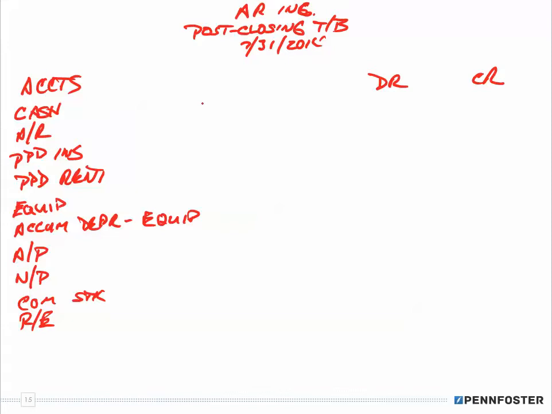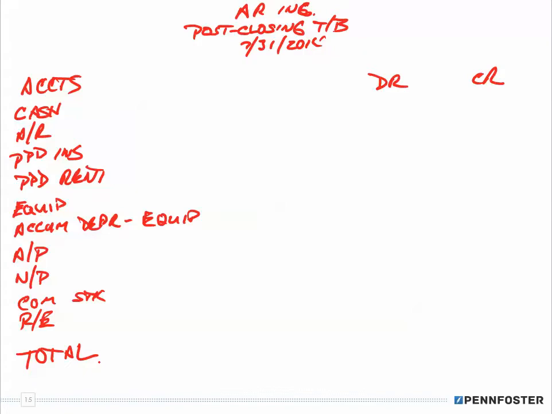Now, if this was an unadjusted or an adjusted trial balance, our revenue and expense accounts would have balances, so they would get listed. But because this is post-closing and those accounts are zero, we don't necessarily have to list them on the post-closing trial balance. Now that we have the accounts listed in order, we're going to have a total.